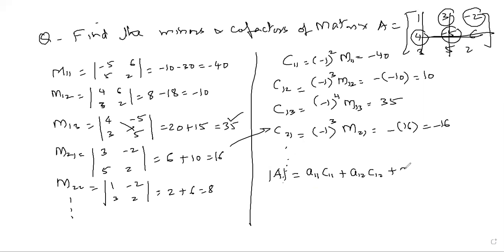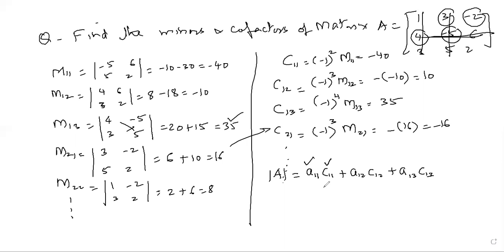So a determinant can be expressed as each element multiplied by its corresponding cofactor. But if you take A11 and multiply with the cofactor of any other element, if you change this, that will become 0. That is the first property we will study.